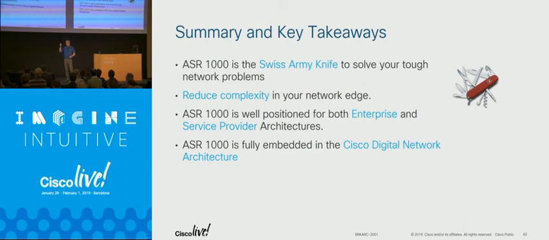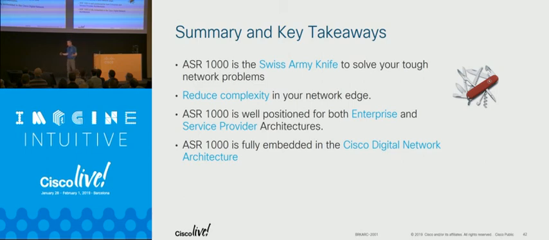If you remember the place in the network slide we talked about at the beginning, it's almost usable in every application to some degree, in enterprise, in service provider, from the branch to the WAN, to the data center, to the cloud. It's able to reduce your network edge complexity by integrating a lot of the layer 4 to 7 services in the ASR, in the QFP.